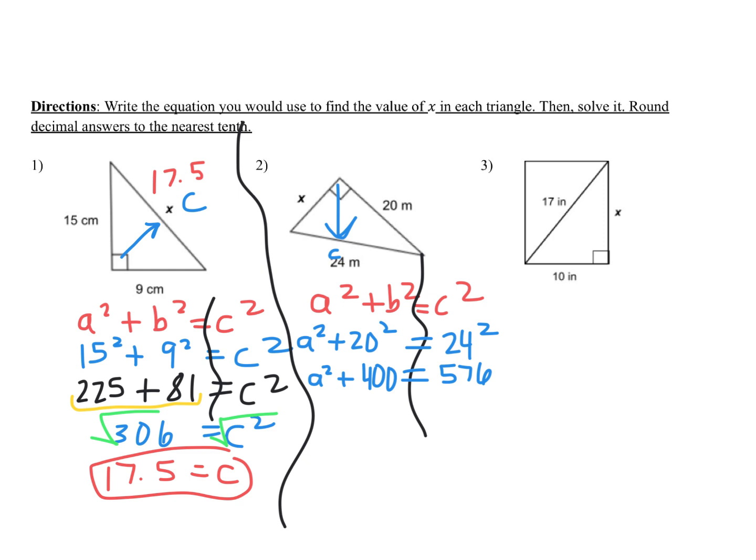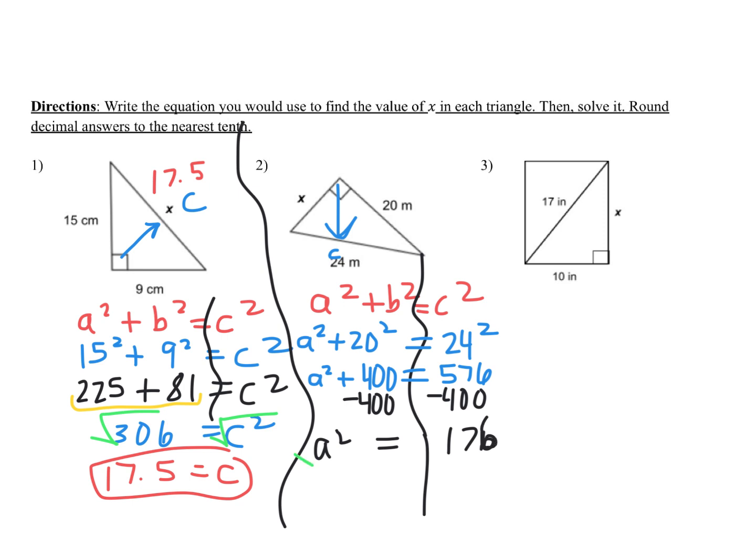To isolate the variable, or to get the A squared by itself, we're going to subtract 400 from both sides. That leaves us with A squared and 176. 176 would be way too big for a leg.